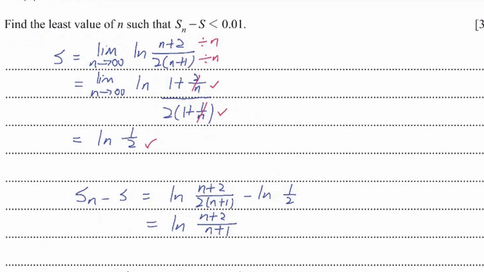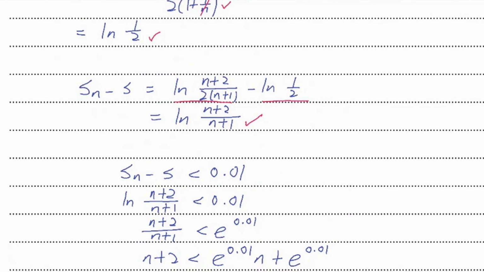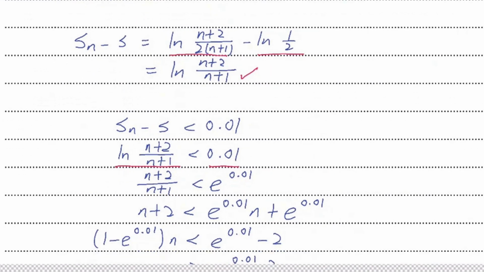Then only we use the value of s here to find Sn minus s, which is less than 0.01. So we just sub in Sn and s, and we can combine the terms together. So this is ln of (n+2)/(n+1), and this has to be less than 0.01.